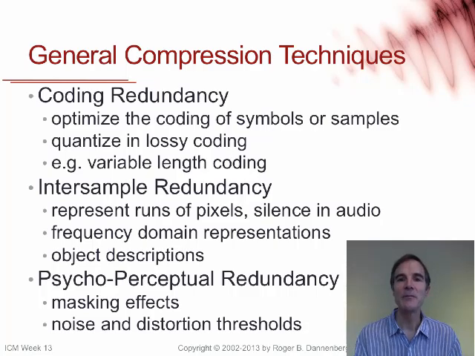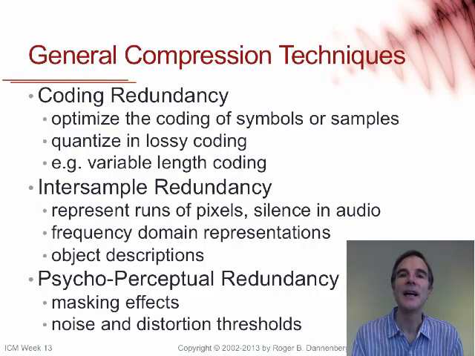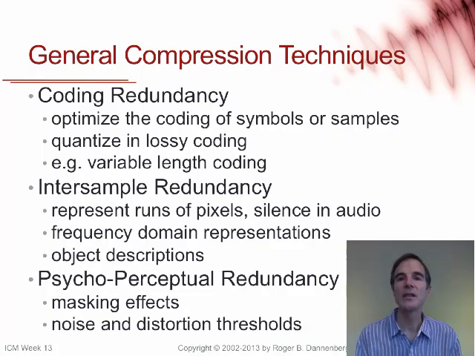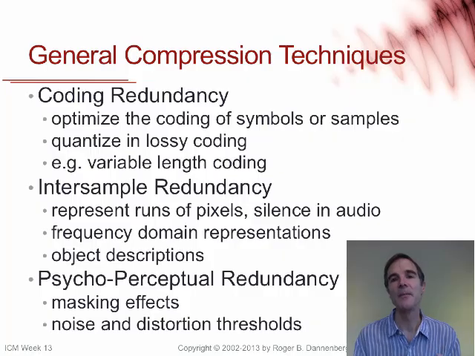In common models of compression, we think of data as consisting of a sequence of chunks or symbols, and the first technique addresses each symbol independently and says that we can reduce the redundancy in our representation for each symbol.